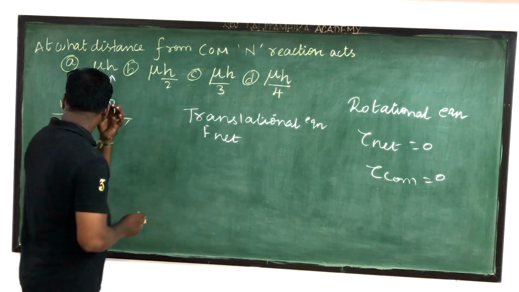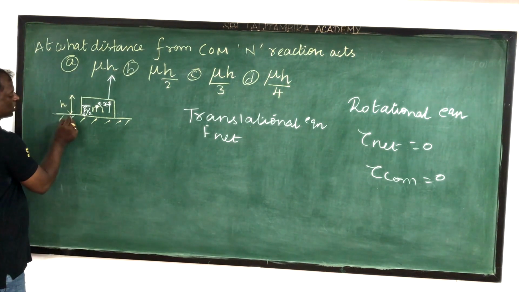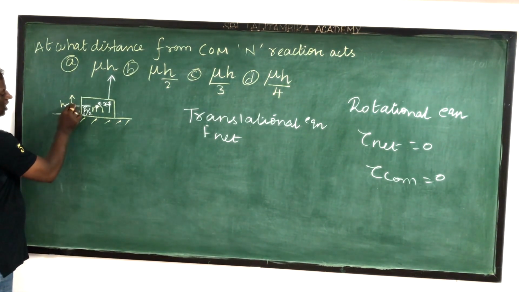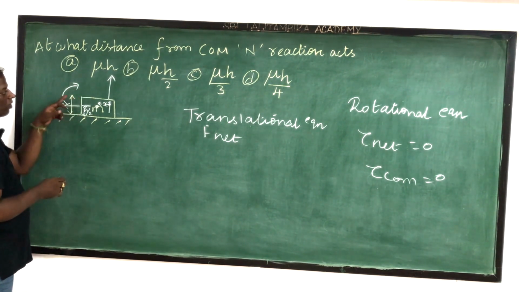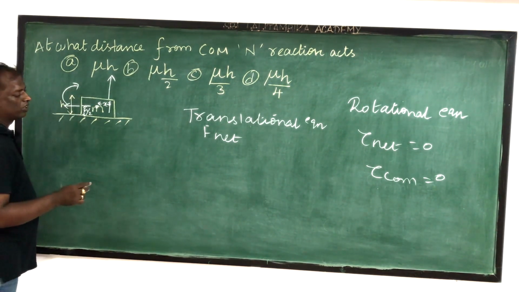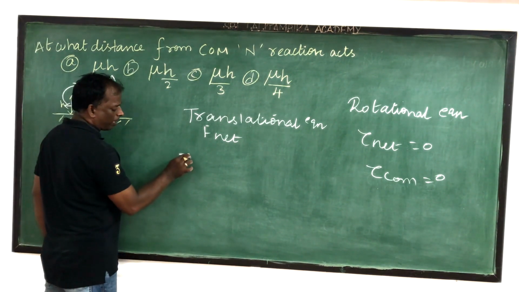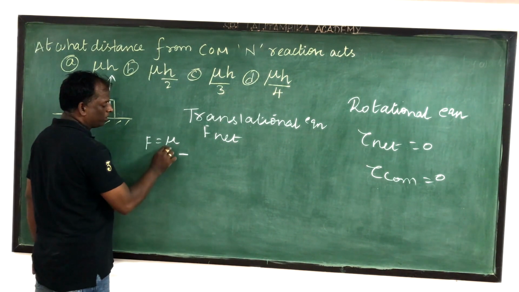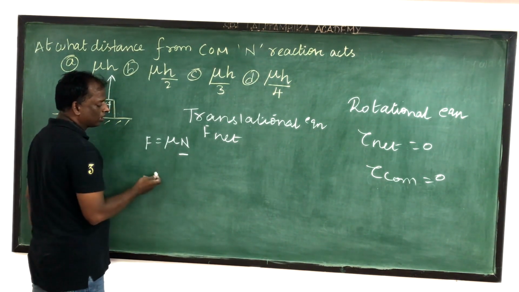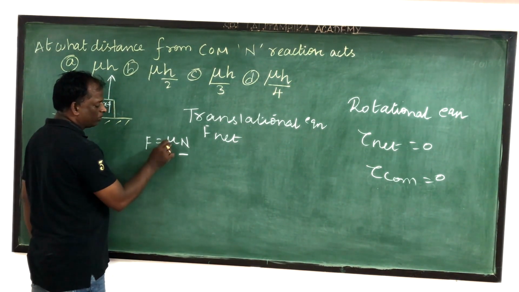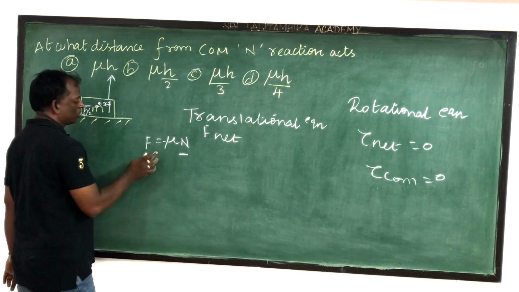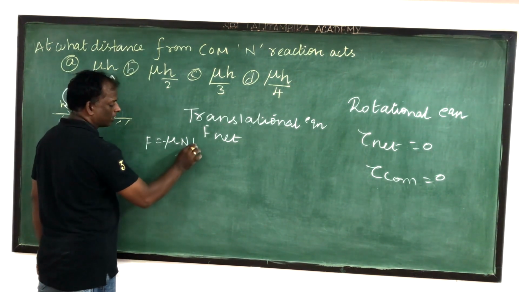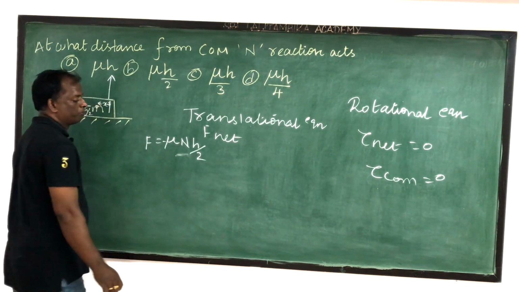So we have a friction force associated with this. If the force is acting in this direction, it will be clockwise. So the friction force will be minus F is equal to minus mu into N, clockwise, so F is equal to minus mu into N plus h by 2.